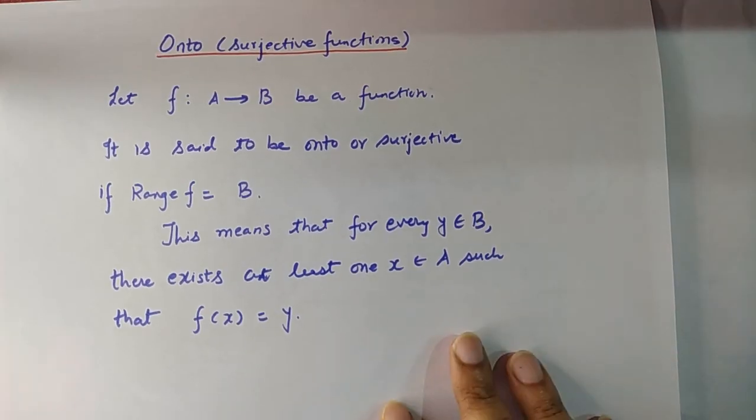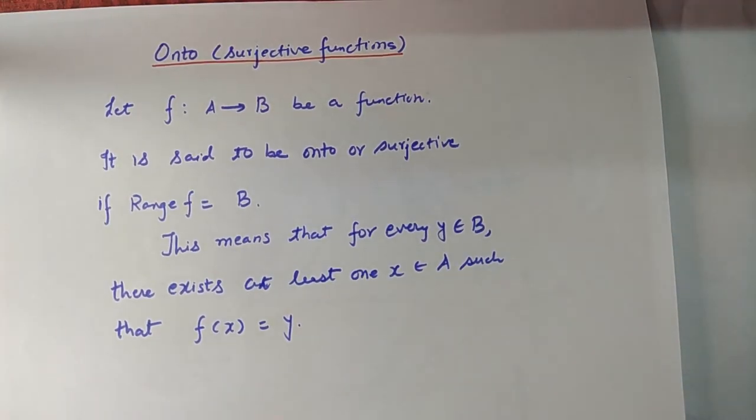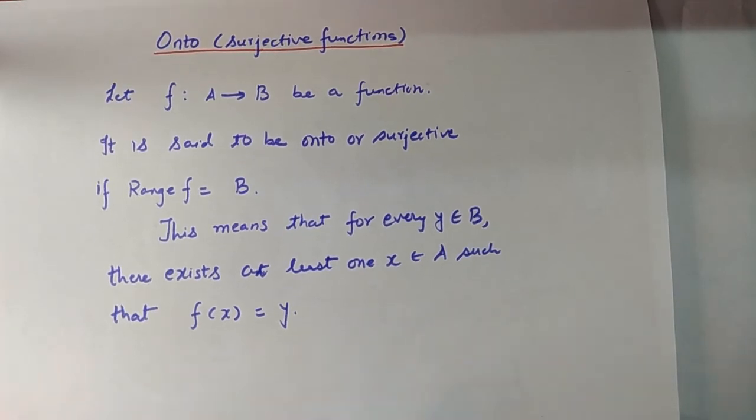Let us now define an onto function. A function f from A to B is said to be an onto or surjective function if range of f is equal to its codomain B. We have seen many examples of functions whose range is not equal to its codomain. Those functions are not surjective functions.